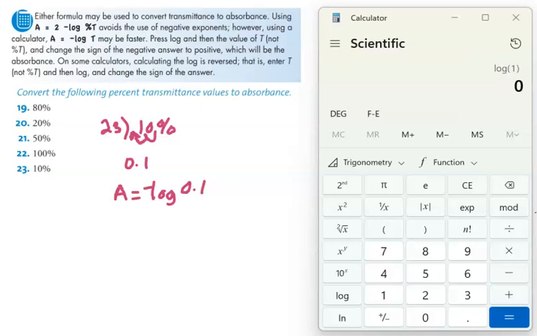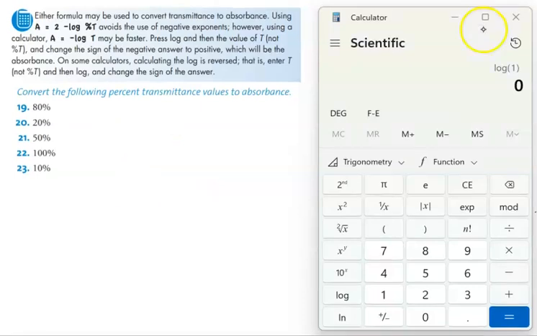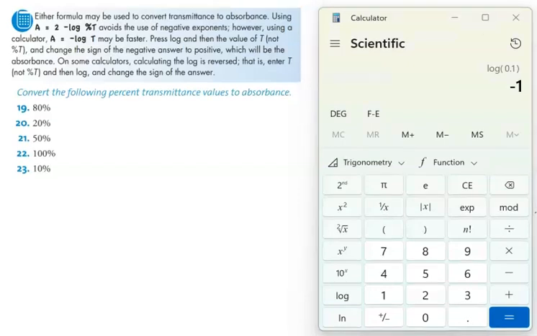Now it's just a matter of plugging it into our calculator. So 0.1 log is negative 1. We've already figured out we have to change our sign. So for 23, A is going to equal 1 for absorbance.